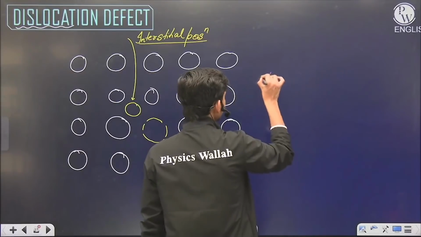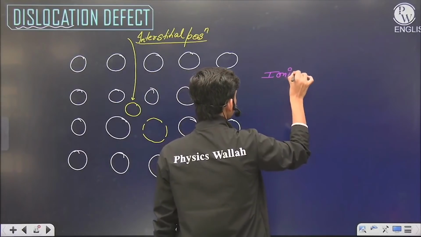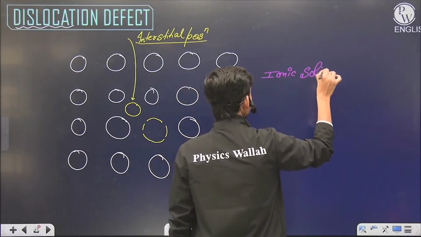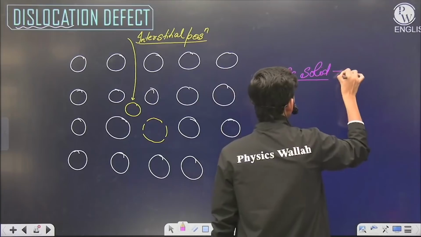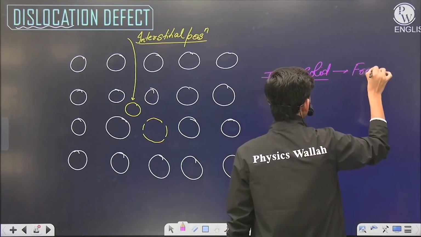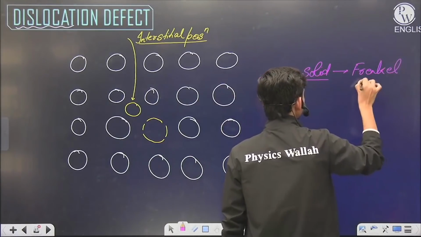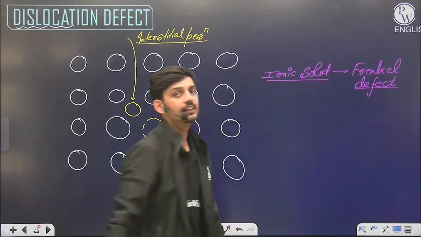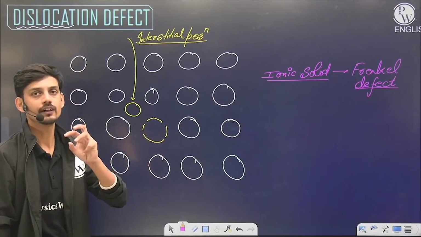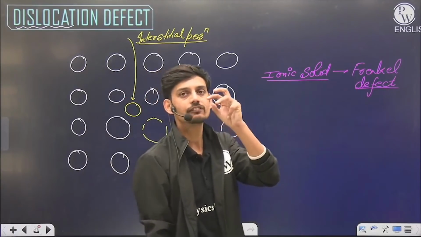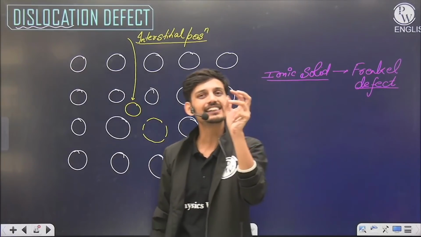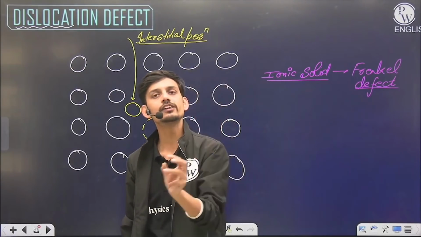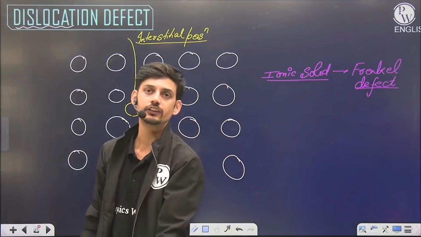And if this defect is present in an ionic solid, then the defect is known as Frenkel defect. The same dislocation occurs for an ion present in the void. If the ion present in the void is very small, then it can escape from that void and go into smaller places known as interstitial spaces.